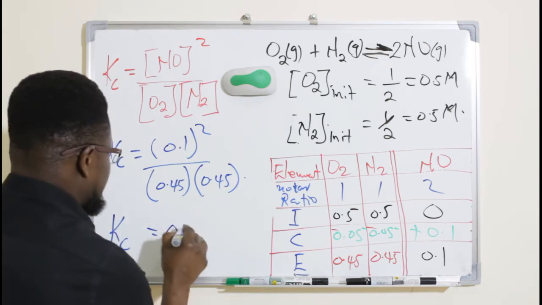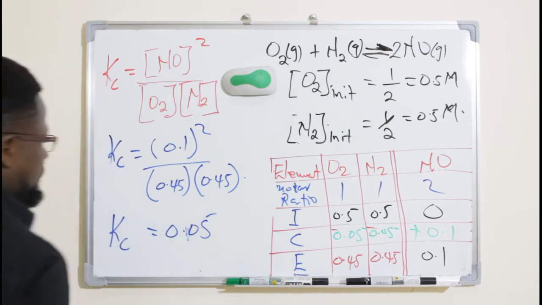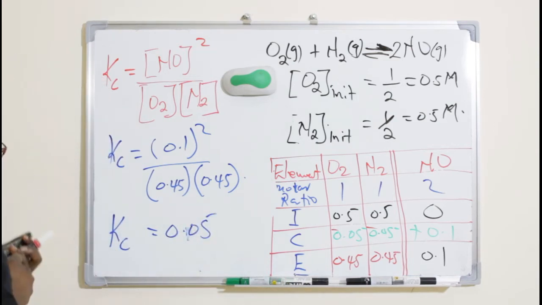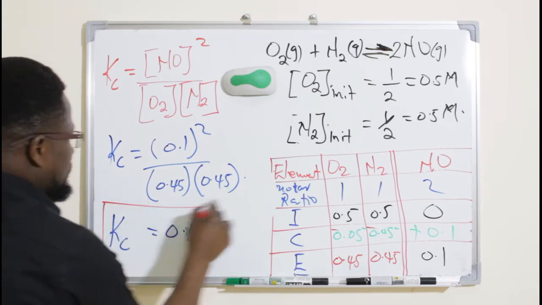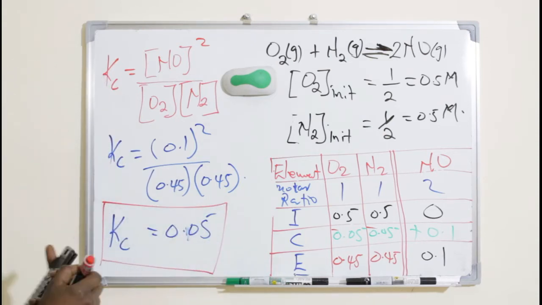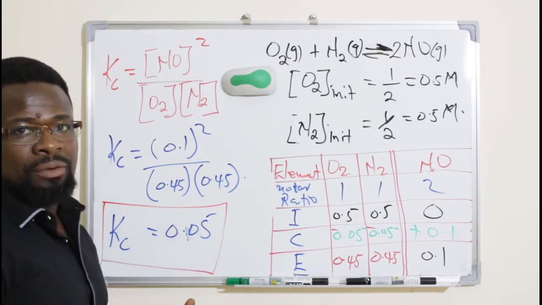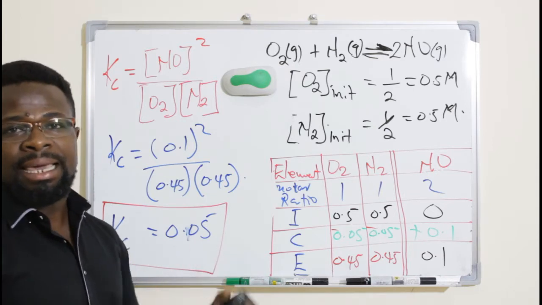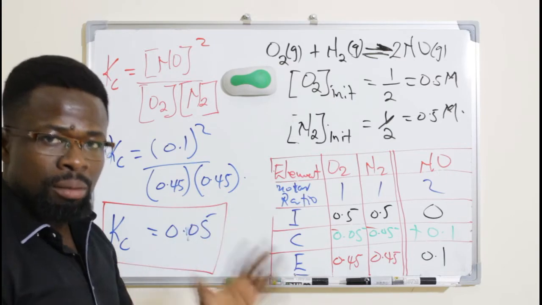You can see we're getting 0.05, and this is our Kc value. So the Kc for this particular problem is 0.05. That has become the Kc value. That is question number 1.